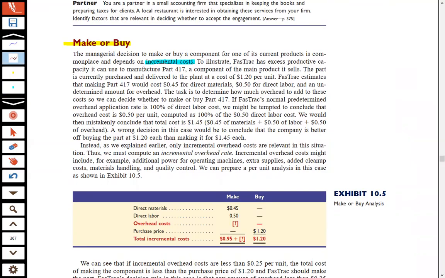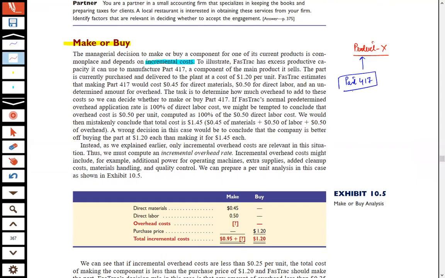Basically, the scenario might be that the finished product is product X, and in its making one part, 417, is being used.